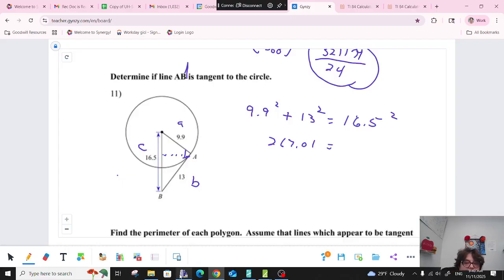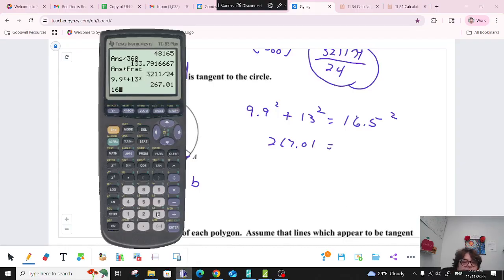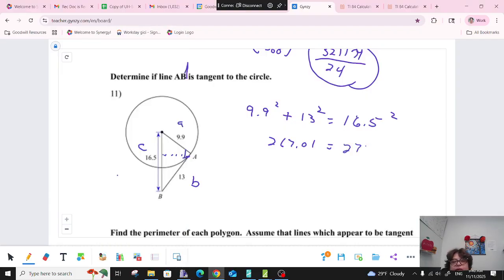And now we're checking the other one, 16.5 squared. Are they equal? No. So this is not tangent.